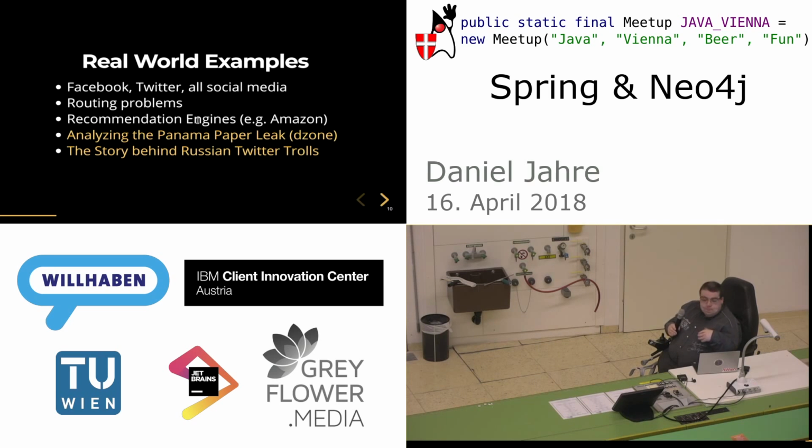And the last two are some problems that were really solved with the Neo4j database. It was analyzing the Panama Papers leaks, where people did money laundering, and there were papers leaked about the money laundering, and they were analyzing it using a graph database to figure out the proxy accounts for the people.